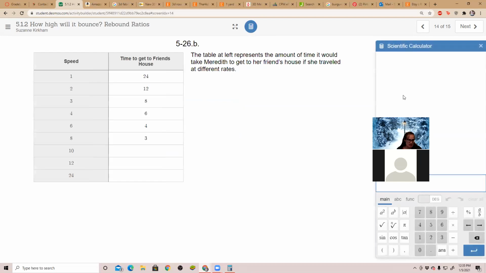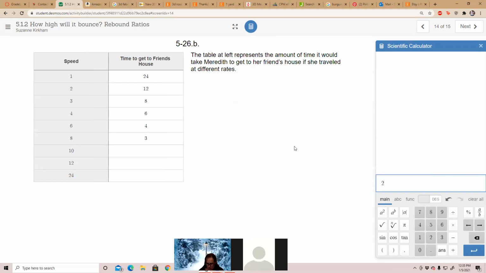So we'll go 24 divided by 10. 24 divided by 10 is 2.4 minutes. And then 12 blocks per minute, it'll take her 2 minutes. And then 24 blocks in 1 minute, it'll take her 1 minute to get to her friend's house.